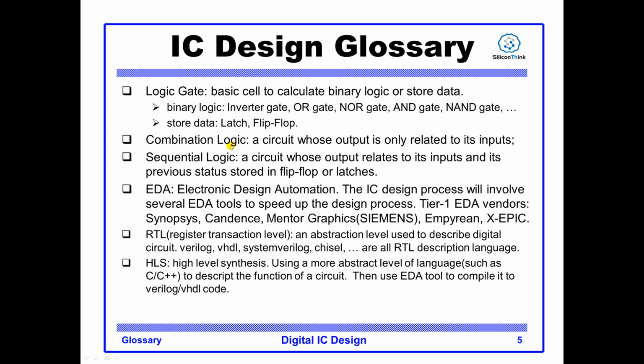Combinational logic. Combinational logic is a circuit whose output is only related to its input. And sequential logic. Sequential logic is a circuit whose output relates to its input and its previous data stored in a flip-flop or latch.